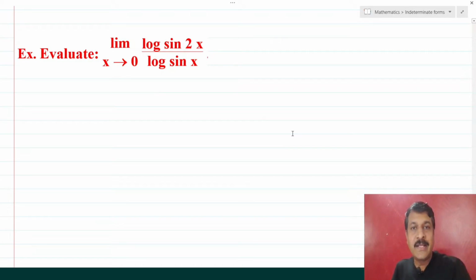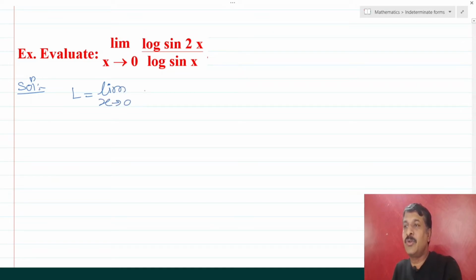Now consider the next example. Evaluate limit x tends to 0 of log of sin 2x upon log of sin x. So the solution for this: consider the given limit as L. So limit x tends to 0, log of sin 2x upon log of sin x.